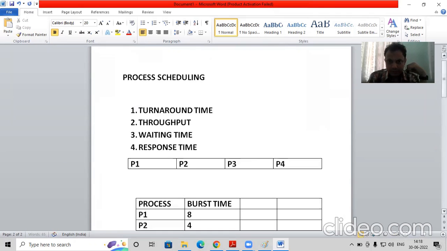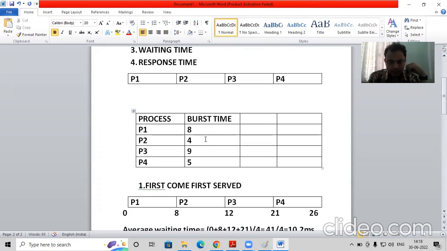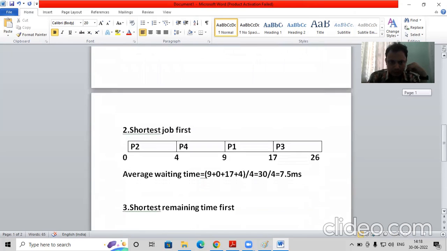Shortest remaining time means at first P1's time is 8, so at first P1 will come.